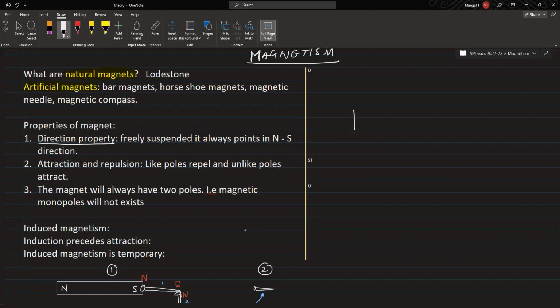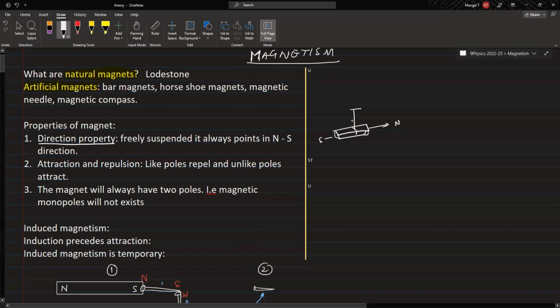That is the reason why when you suspend a magnet freely, it always rests in the geographical north-south direction. This directive property is useful to decide whether a substance is a magnet or not.